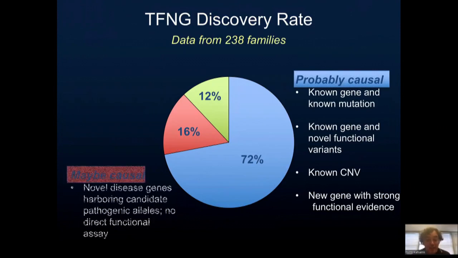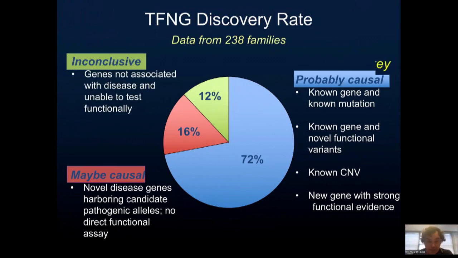We have another 16% that seems likely pathogenic, but we haven't met a threshold for a variety of reasons. In some cases, there's no good assay to test the sensitivity and specificity, and there's another 12% that we absolutely have no idea what is going on. And for those we have now performed whole genome studies, but I don't have the data yet.